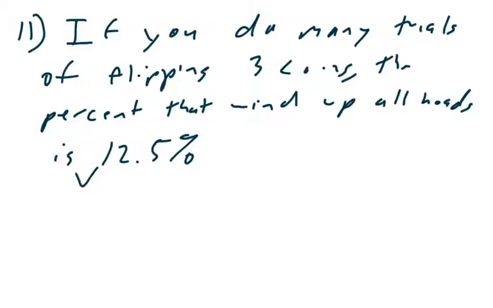It is getting close to that, because it's never going to probably be exactly. But the more you do it, the smaller the variation.